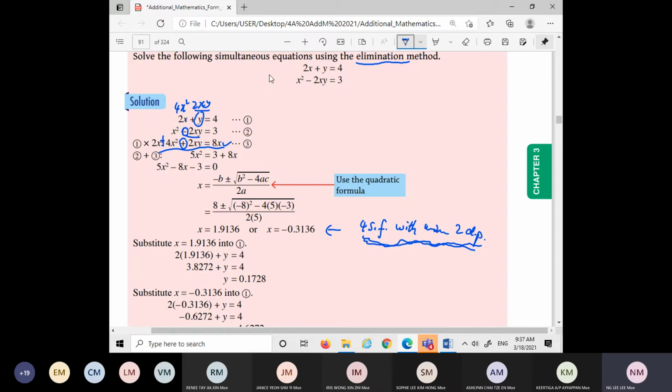Because in the question here they didn't mention that they want 4 decimal places. If they mention 4 decimal places, or maybe only 1 decimal place, for example, you got to strictly follow. If not stated in the questions, we follow this.